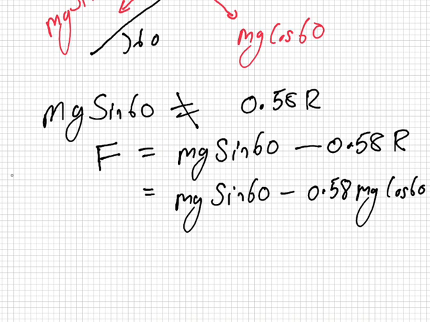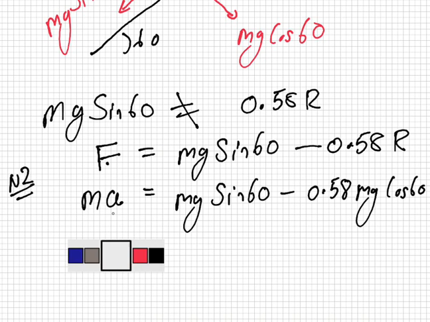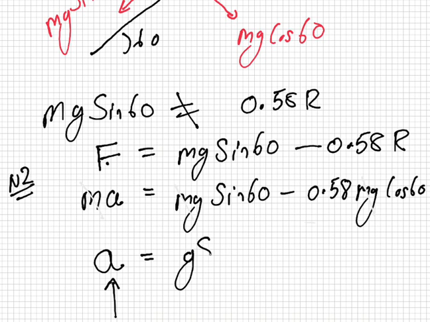But from Newton's second law, what does F equal? ma. Now what's in common to all of these? Mass. Can you see that? The m's go. So I'm left with a, that's what I want, equals g sine 60 minus 0.58 g cos 60.